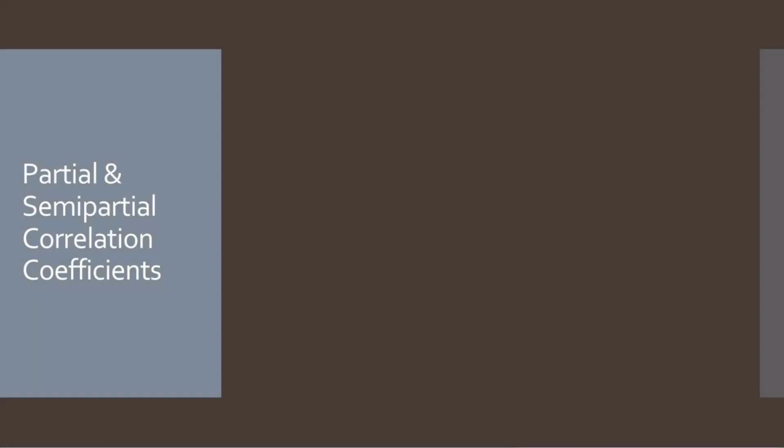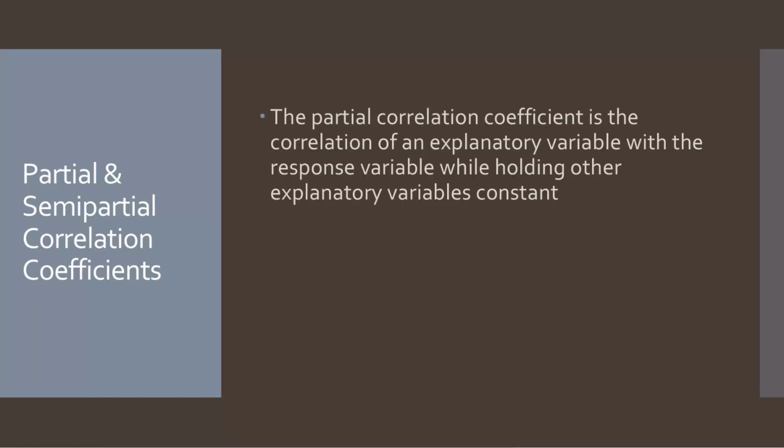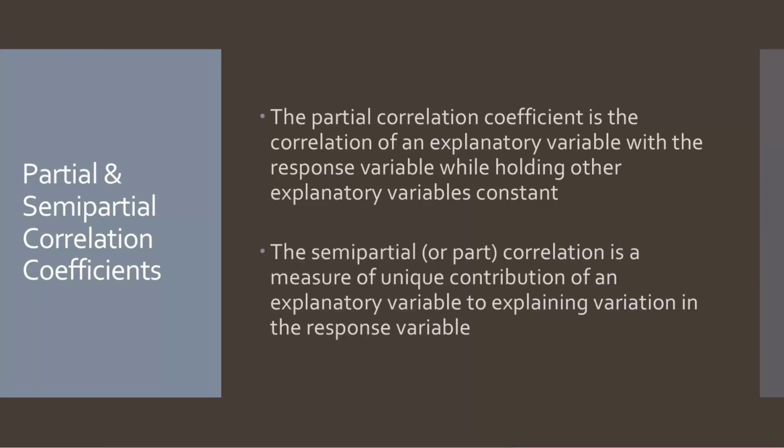To summarize our discussion of partial and semi-partial correlation coefficients, the partial correlation coefficient is the correlation of an explanatory variable with the response variable while holding other explanatory variables constant. And the semi-partial or part correlation is a measure of the unique contribution of an explanatory variable to explaining variation in the response variable.